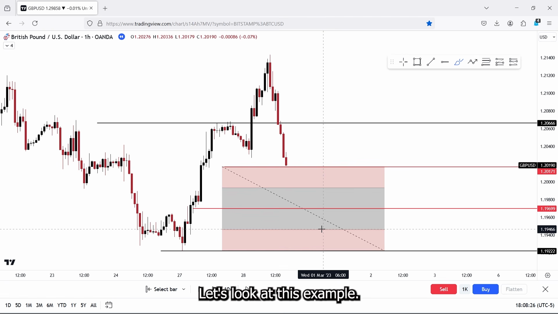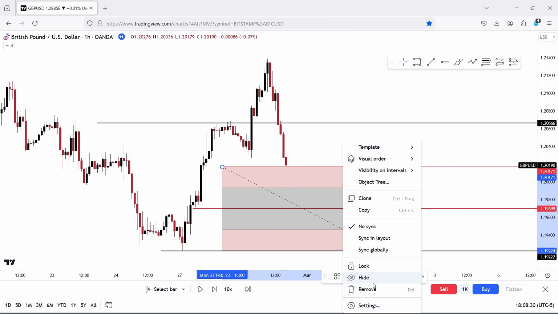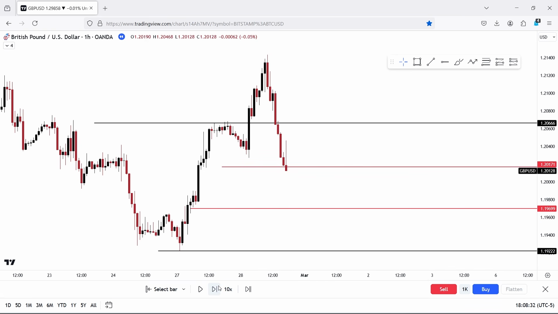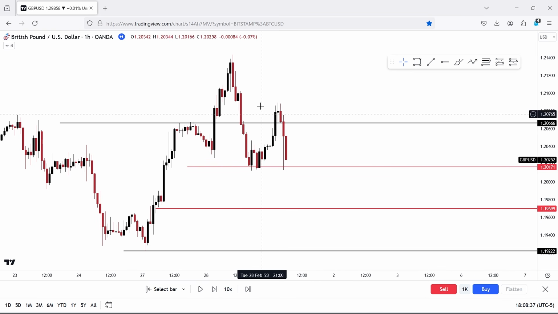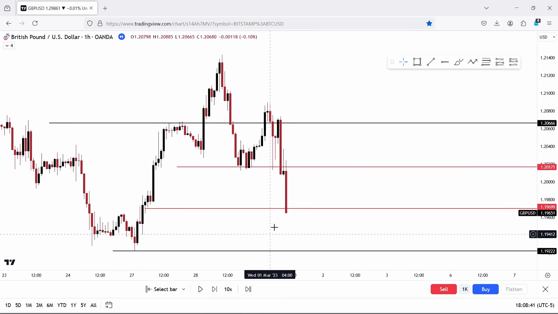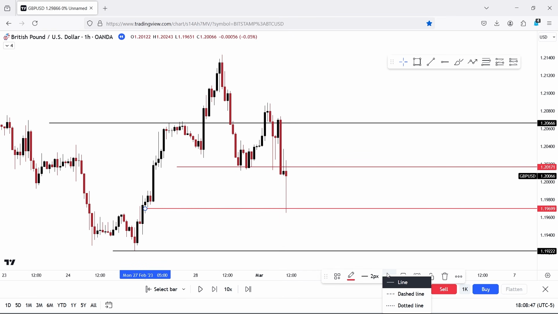And let's look at this example. This happens pretty frequently. Price grabs internal liquidity. And now it's your target point, and now price reached the 50%. So thicker.